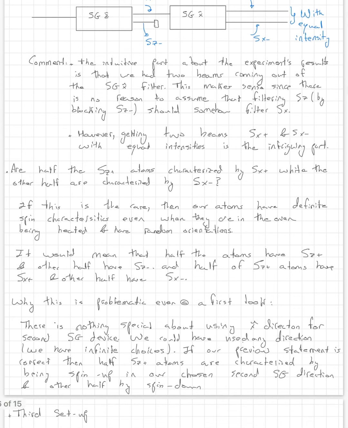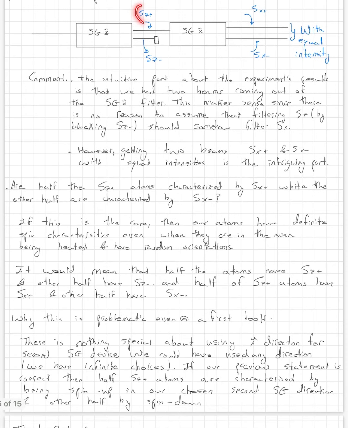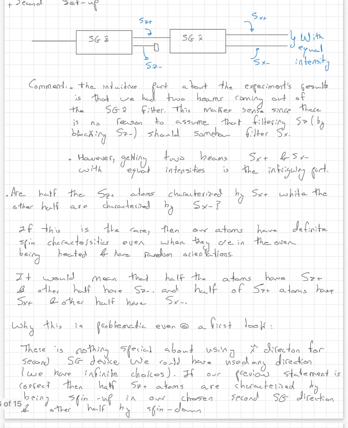Something that you could hypothesize is that this SZ plus beam is made up of exactly half SX plus component and the other half SX minus component. This is a reasonable assumption for you to make. You have to do more experiments to actually verify if the assumption makes sense. However, let me just explain why this assumption would be problematic even without looking any further.